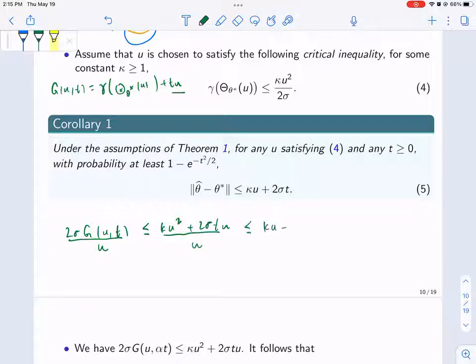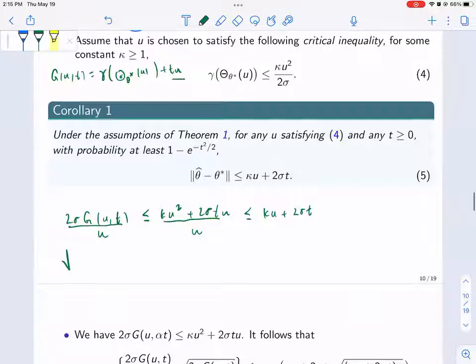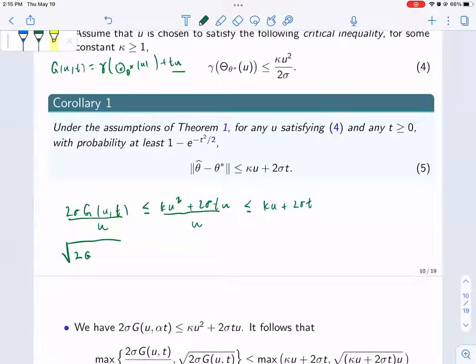I would get kappa U plus 2 sigma t. So this term is bounded by that. The other term, since it's the maximum of the two, is also going to be like this. The other term is root of 2 sigma G_U(t), which is bounded by root of this guy, twice that. So you get 2 kappa U plus 2 sigma t U.